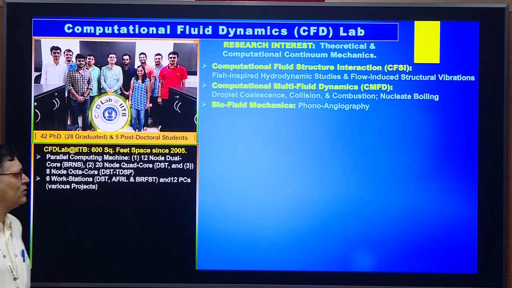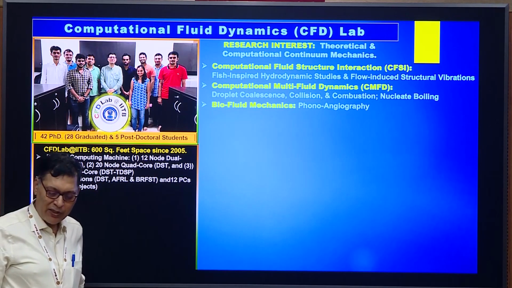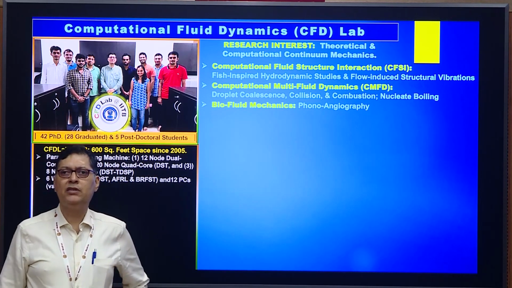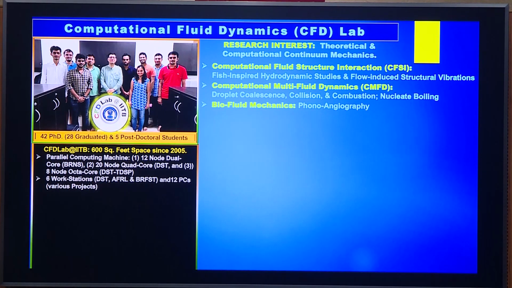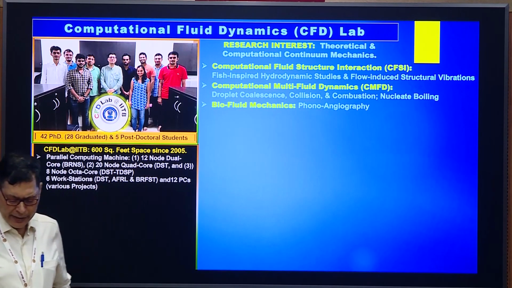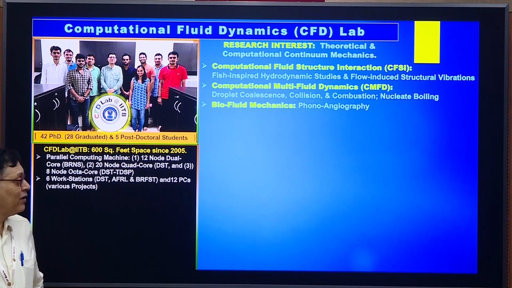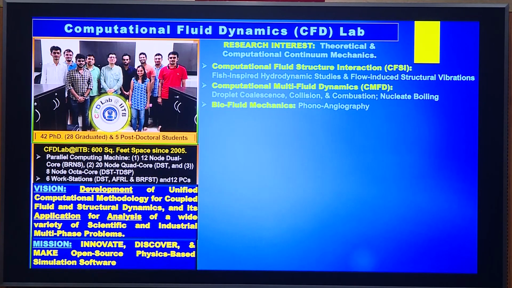In the last 5 years, we have also started working on biofluid mechanics, where along with the flow solvers, we have developed a structural solver using finite volume method and also an acoustic solver for sound-based detection of blockages in the artery and also for aneurysm. So we worked towards development of a unified computational methodology for multiphysics problems in general.